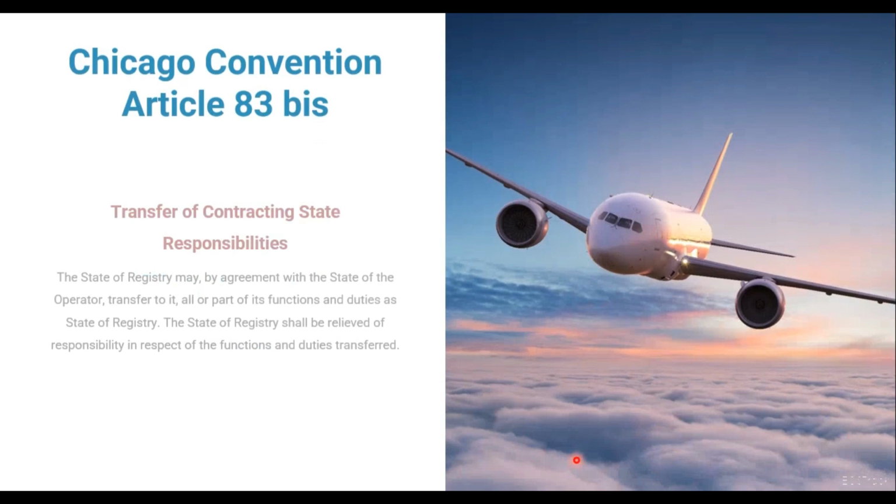Also, we have the Chicago Convention in 1944, Article 83. It says that liability can be transferred from one authority to another authority. So basically, the state of registration.